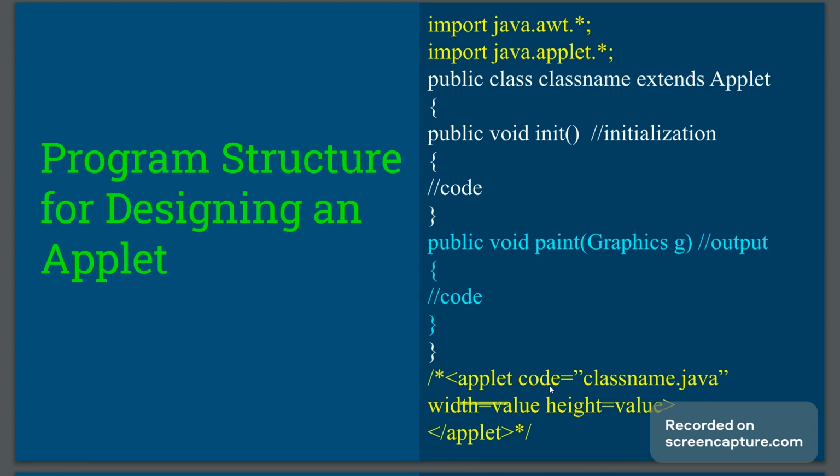In front of code, write the name of your Java class file which is written above in the applet code. Give the same class name with .java extension in double quotes, give the width in pixels, give the height of the applet window, and give the end of the applet tag and comment close. So this is the basic program structure for designing an applet.